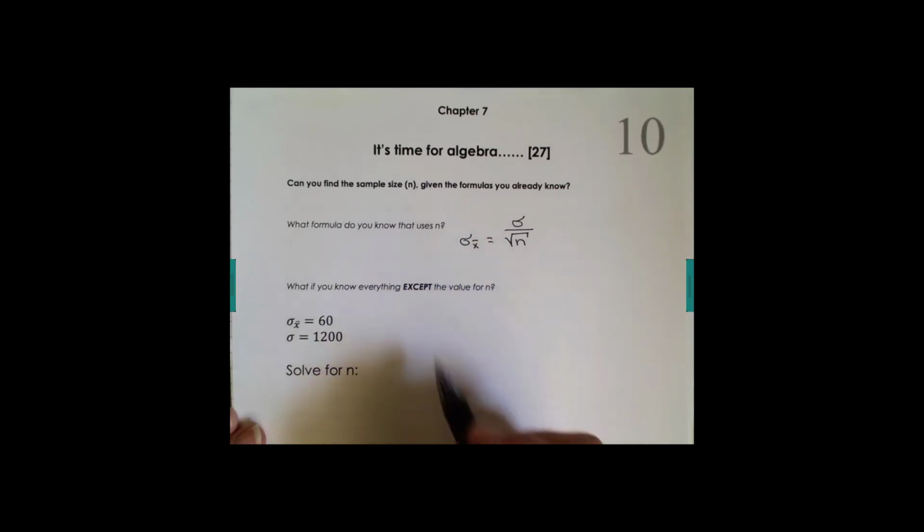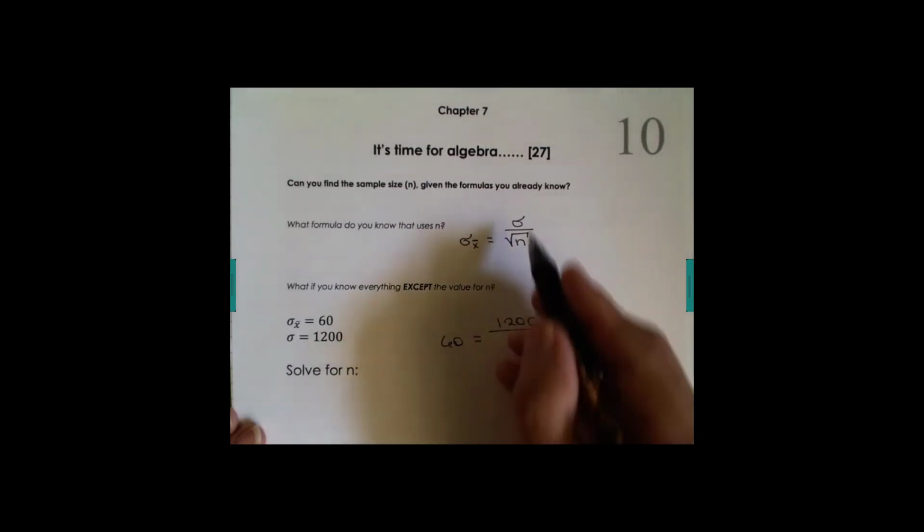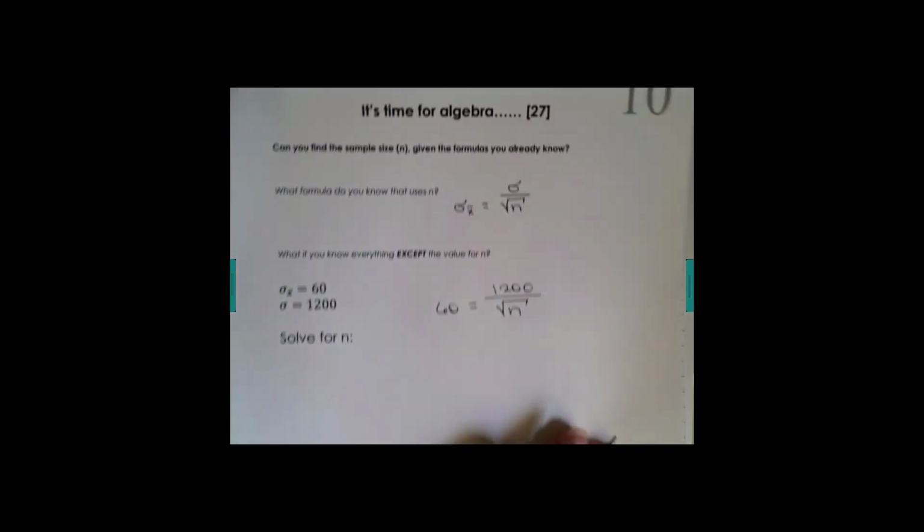Well, it's really simple, but it's something that we might have to remember how to do. So I'm going to fill in 60 for the standard deviation of x bar, and I was given 1200 for that standard deviation of the population, and then I'm still solving for the square root of n. So just so you'll remember how to do this, because for some of us algebra has been a course we took recently.